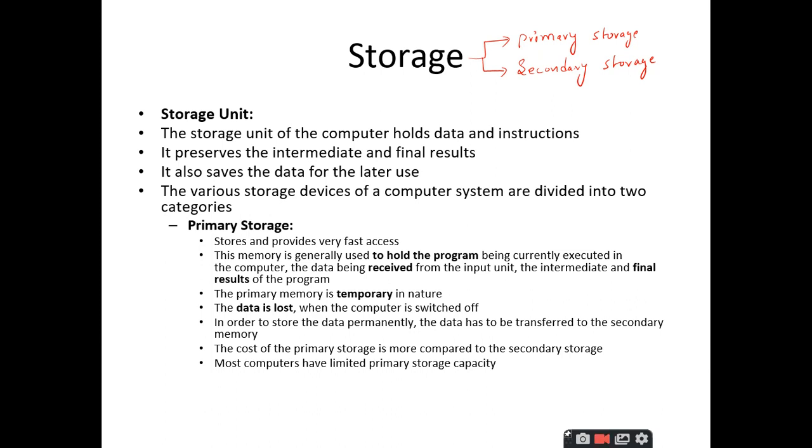When you buy a computer, it is mandatory that you specify the primary storage. For example, 8 GB of RAM. We will see what RAM is later, but when you say it is 8 GB of RAM, you are specifying the size of the primary storage only.